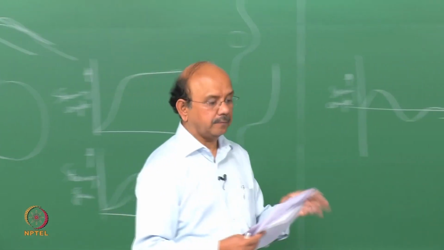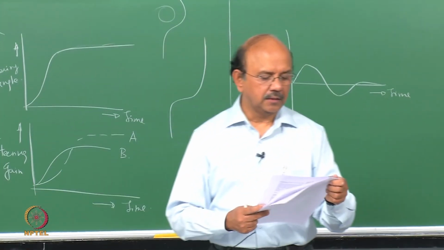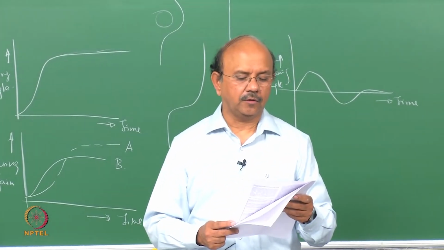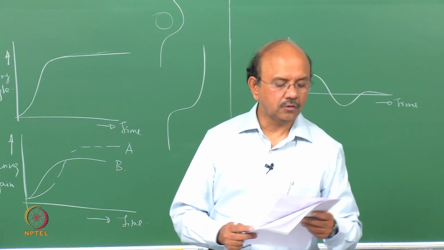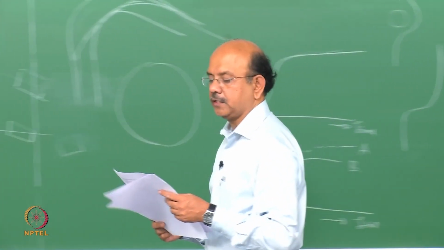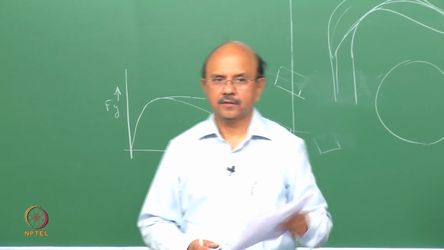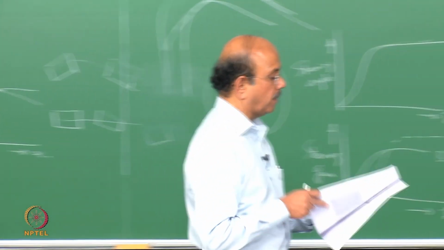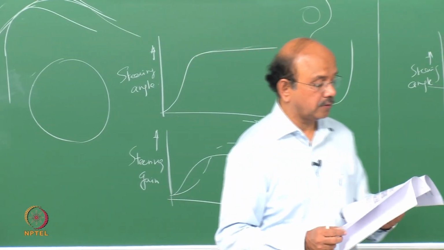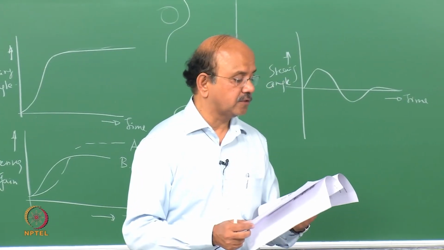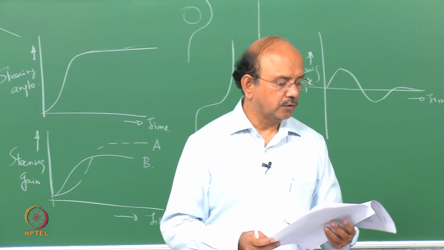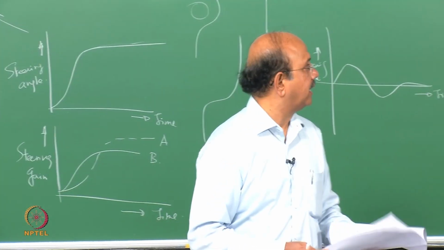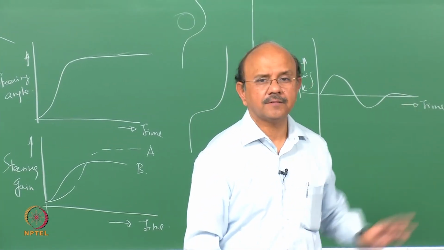If you want, you can also look at this reference, Subjective Objective Assessment of Vehicle Handling and Performance by Krolla et al. in Seoul 2000, FISITA World Automotive Congress, where you can also see what I am talking about. Now, there is a difference.